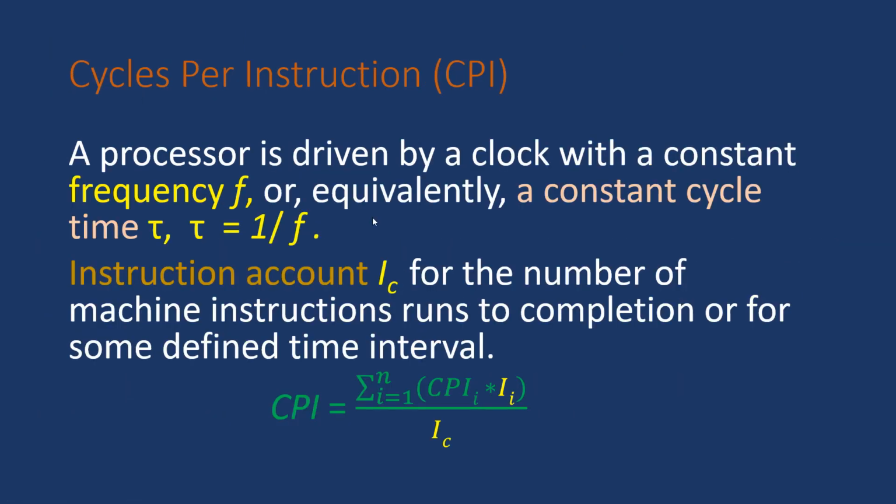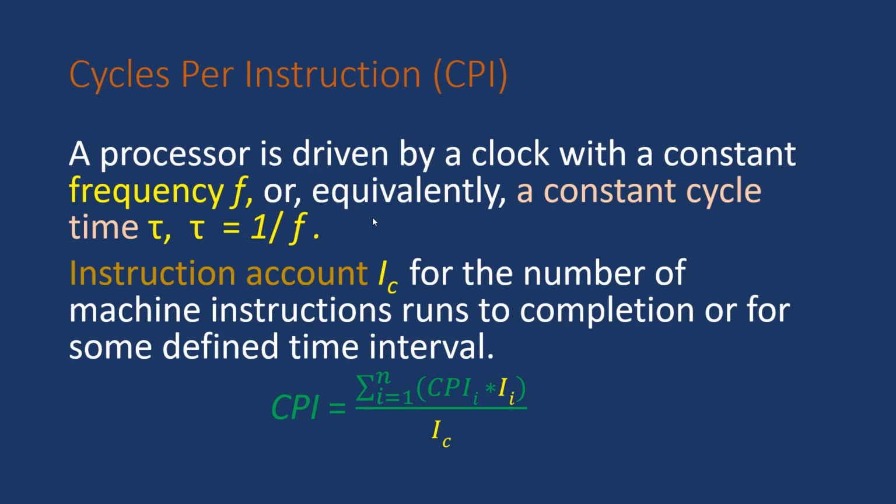In chapter 2, we introduced a concept called cycles per instruction, CPI. What exactly is CPI? For example, a processor is driven by a clock with a constant frequency f, or equivalently a constant cycle time tau. Tau is 1 over f.